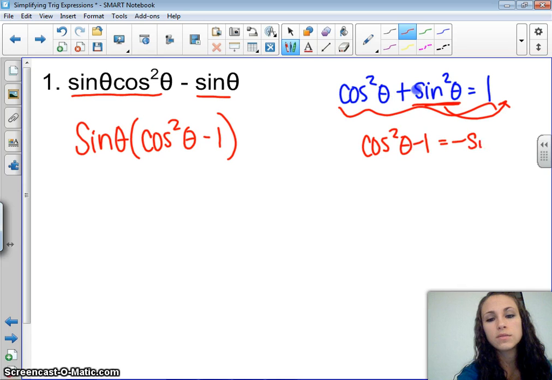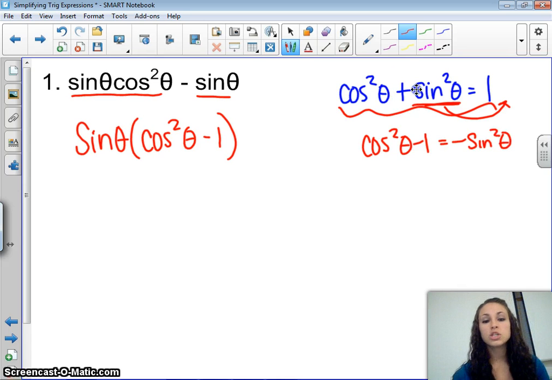So this would be negative sine squared. And this is just an alternate form of what this identity says originally. These two are the same thing, you can use them interchangeably. And so for all of those Pythagorean identities, you can move terms around and use them how you need to.